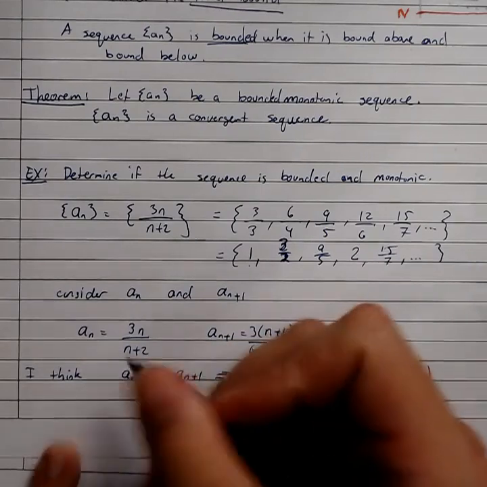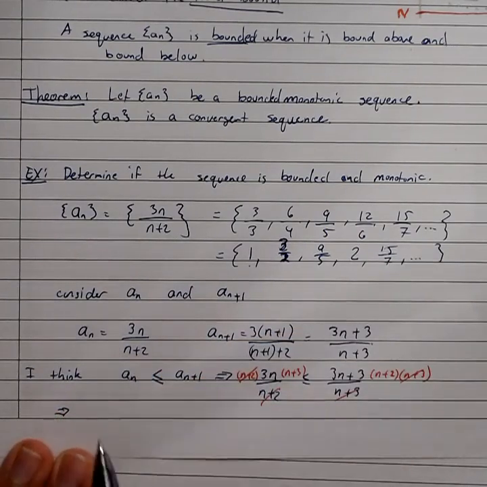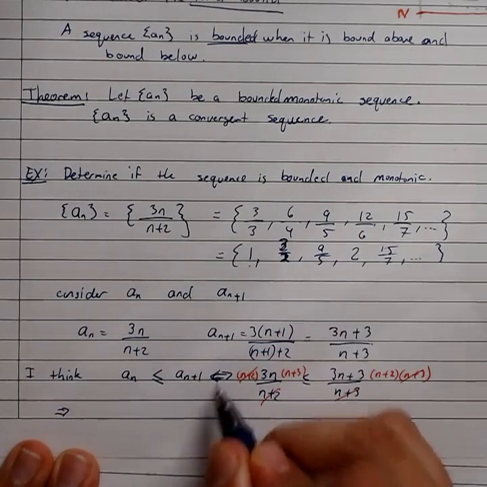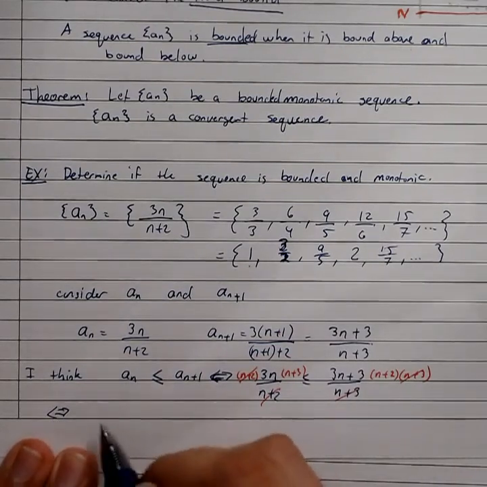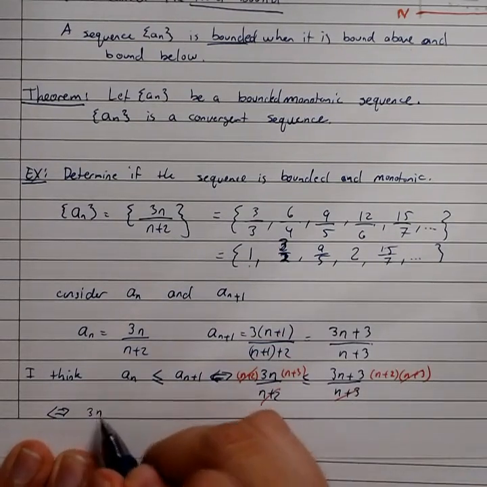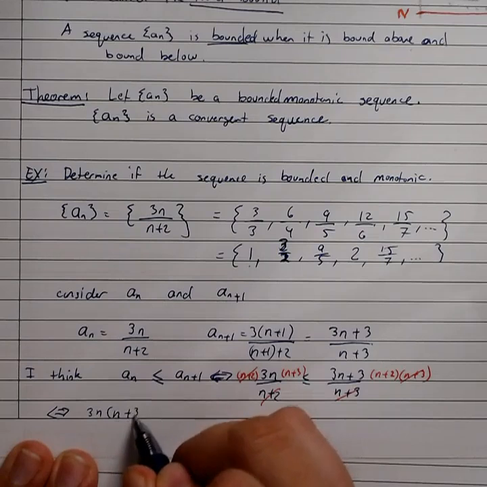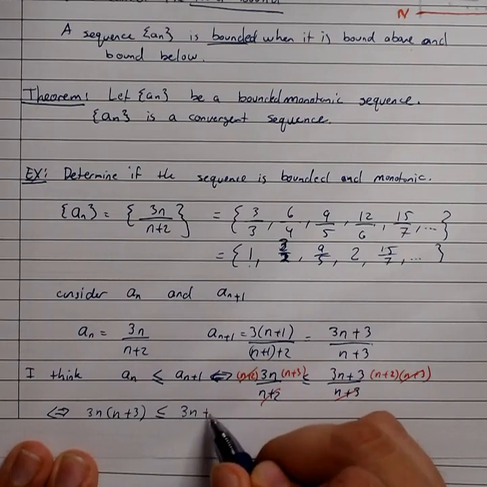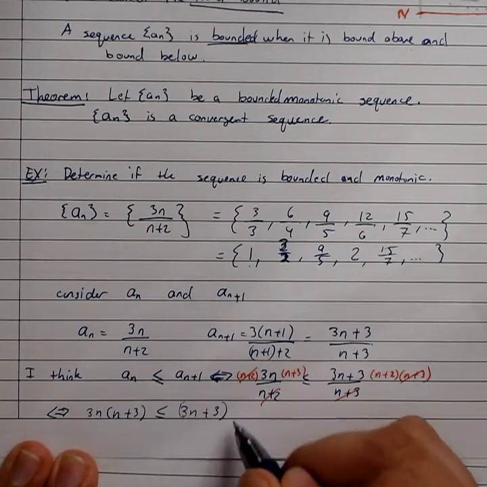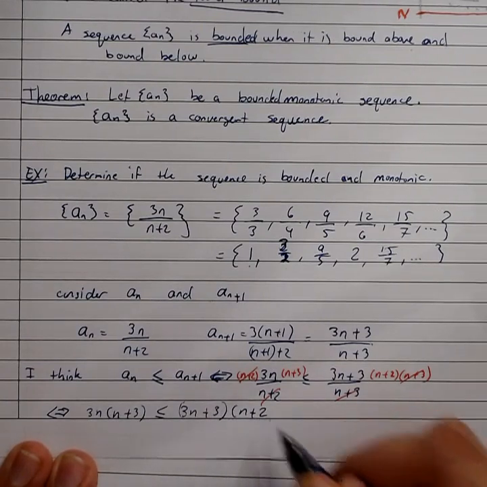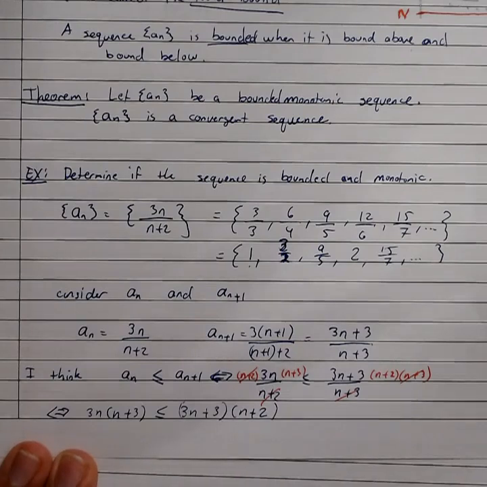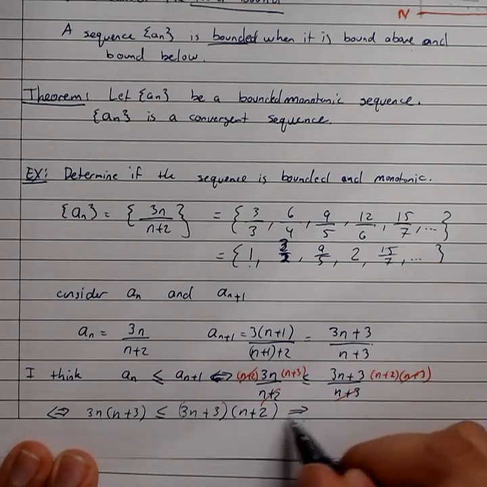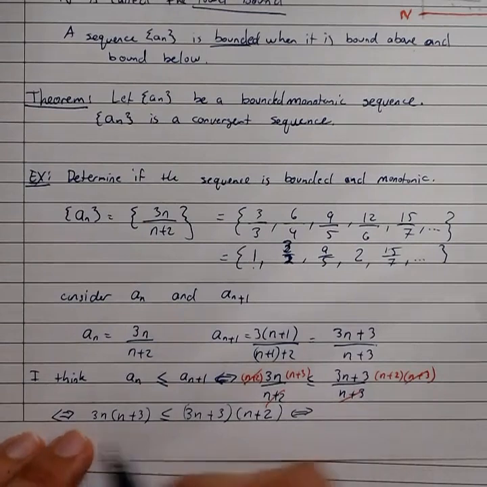Now these go away and these go away. And so I'm left with, again, I'm not sure if this is true, but I suspect that 3n times n plus 3 is less than or equal to 3n plus 3 times n plus 2. Okay, that's a little hard to see, so let me distribute this.